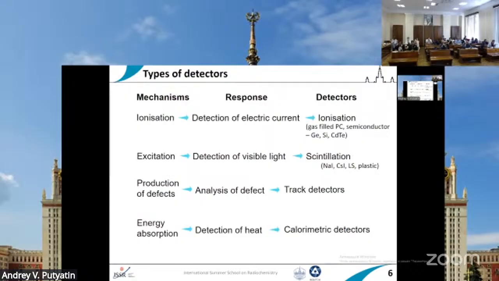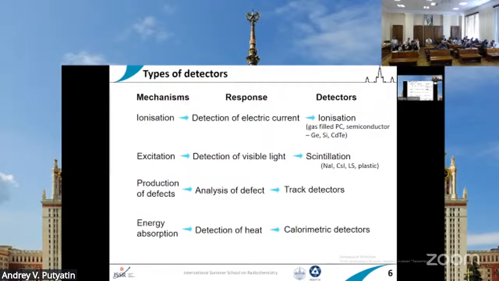If there are particles that produce a lot of defects, like alpha particles or other heavy particles, we can use track detectors to visualize the pathway of the particles and to analyze the characteristics of the particles from these defects.